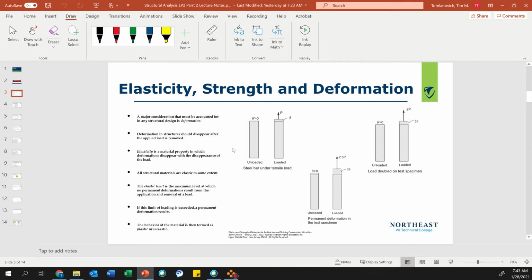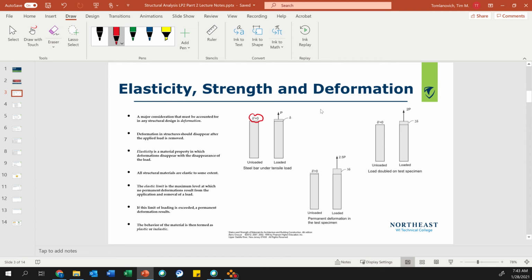If we unloaded, we don't have, remember that's that delta term right there. That's my delta, that change in length, okay? Now all of a sudden, a steel bar under tensile load. Once I put a load on it, I create one tensile stress, normal stress, and I also create tensile strain.